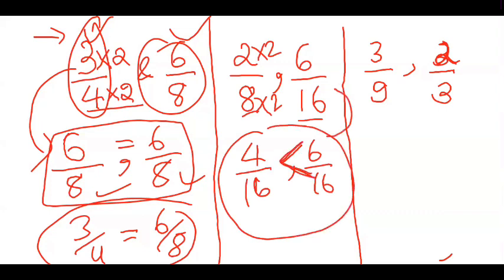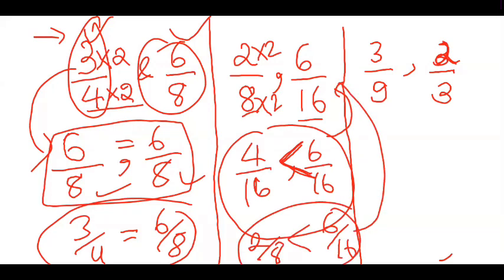So this means that 2 over 8 is less than 6 over 16. Right, beta? You can just write the same symbol in the question. That's all. The same symbol, lesser or greater, in the question.